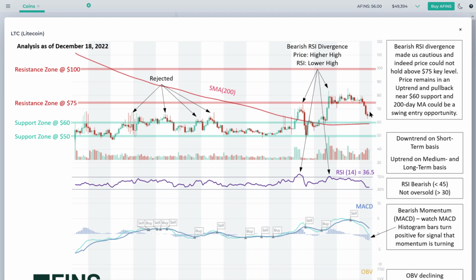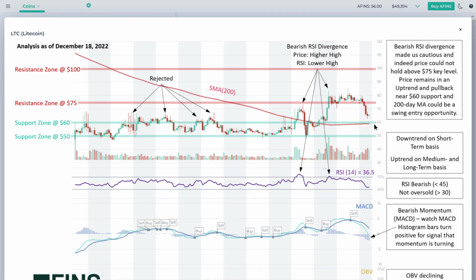And what we believe is that this pullback is potentially a buying opportunity, particularly as it gets close to the $60 support zone, which also lines up with a 200-day moving average. This red line is a 200-day moving average, which oftentimes serves as a pretty robust support area if the price is approaching it from above, as it is now.